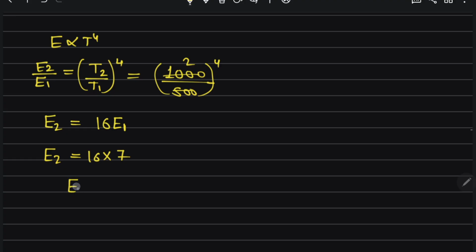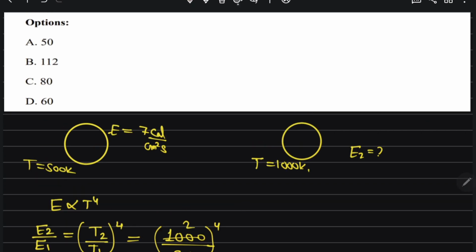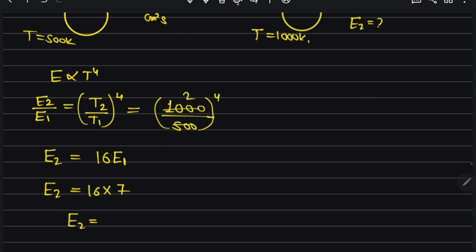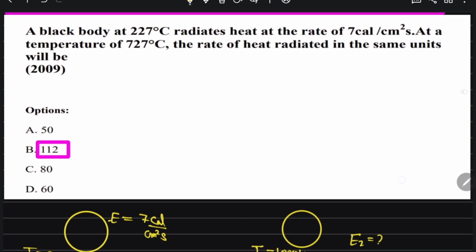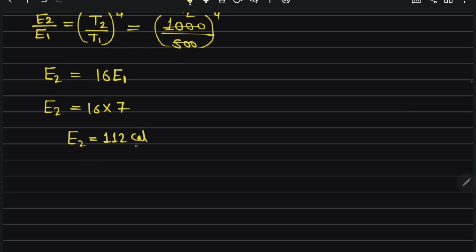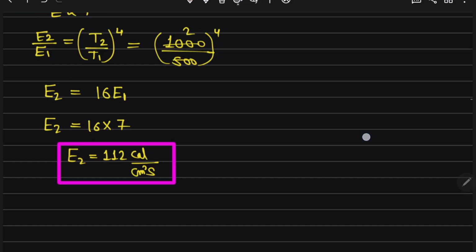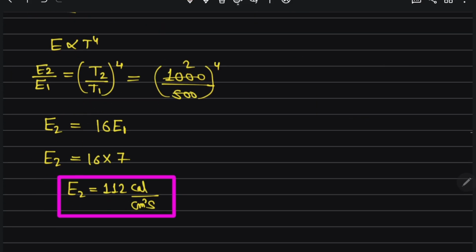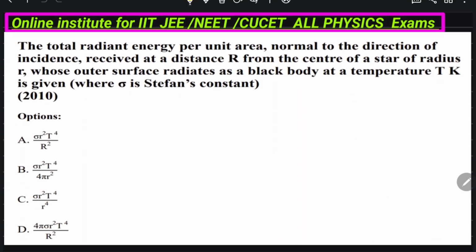So E2 comes out to be 16 into 7, that is 112 calorie per centimeter square per second. So option B is correct. Now I proceed to the next question.